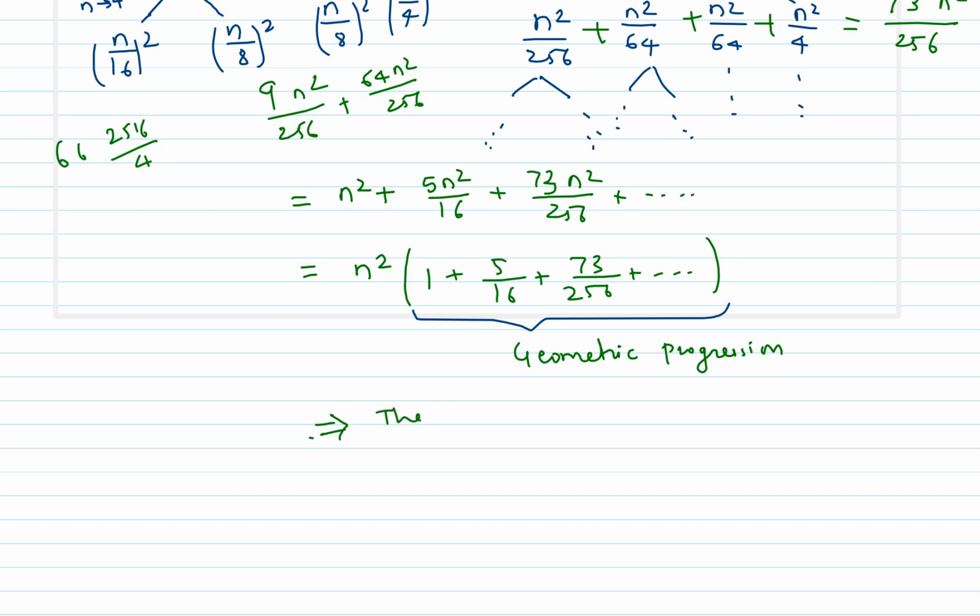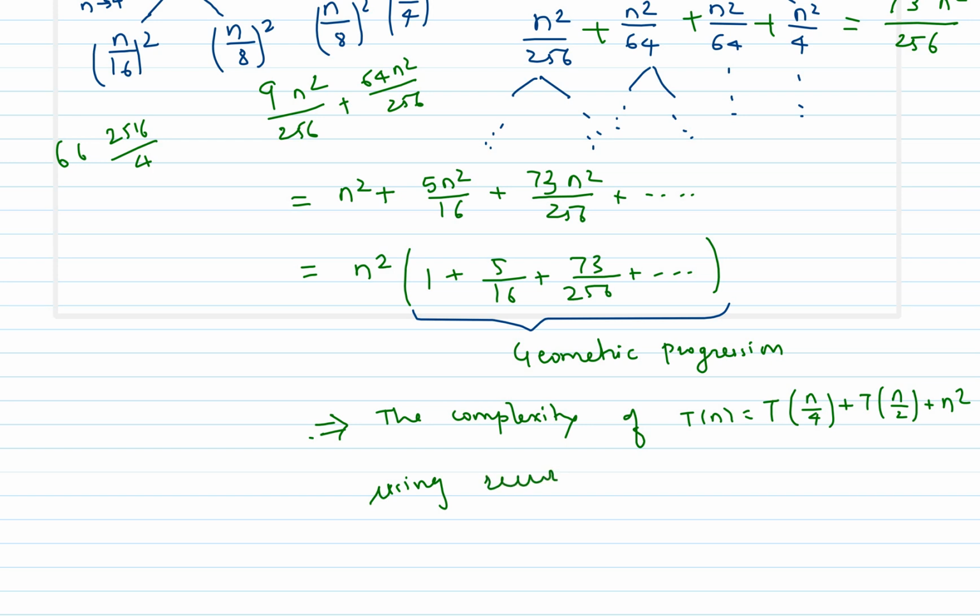The complexity of T(n) = T(n/4) + T(n/2) + n square, using the recursion tree method, is theta of n square.